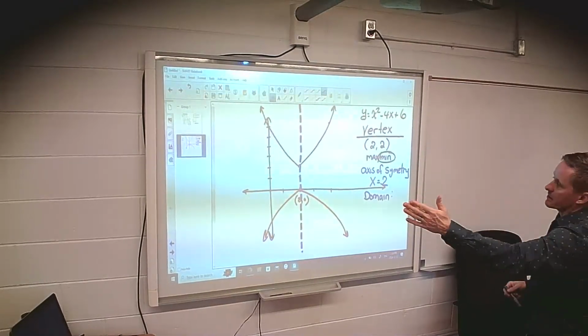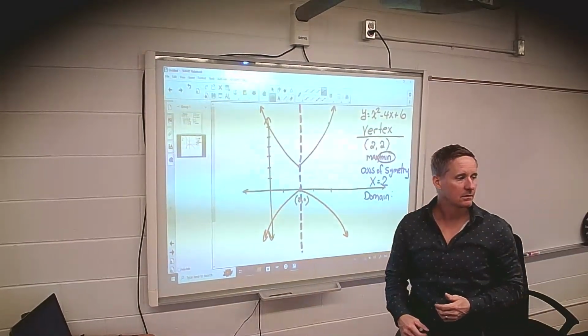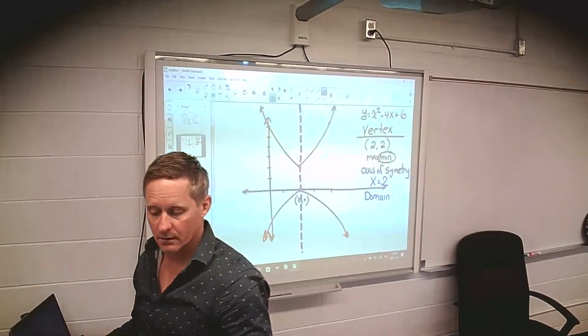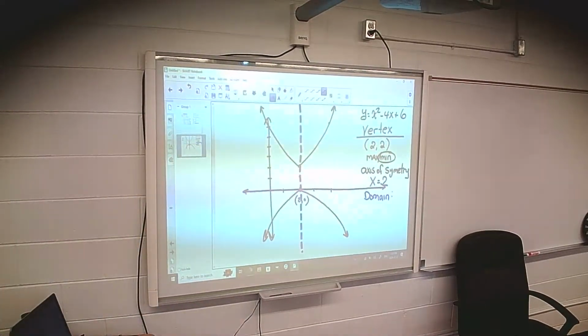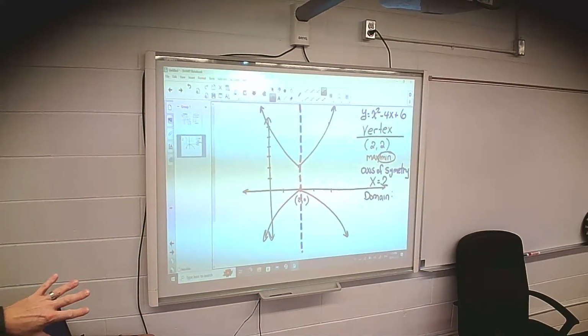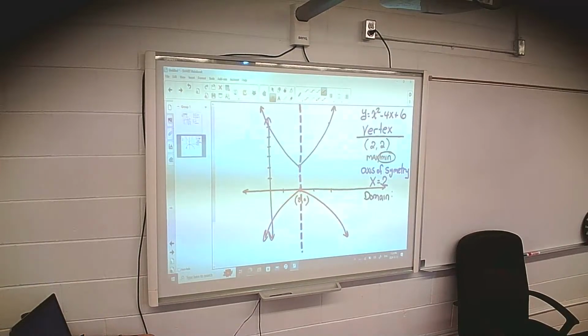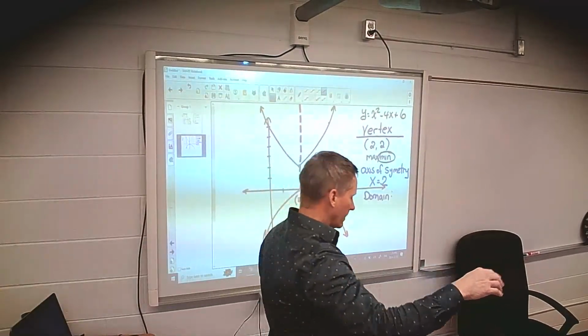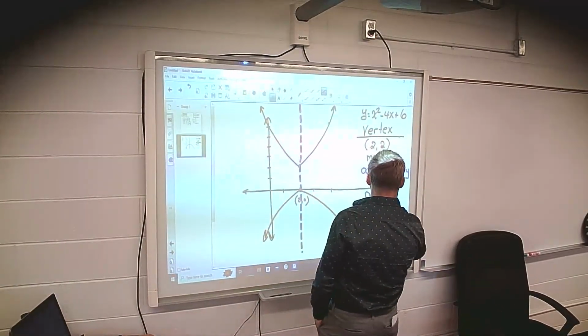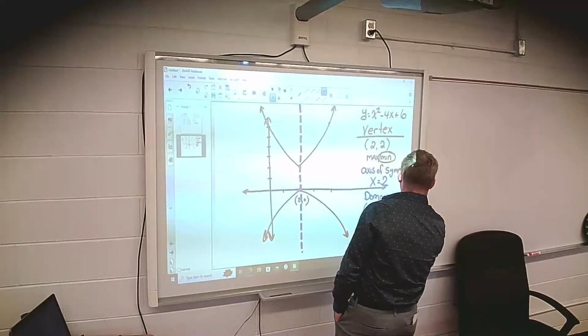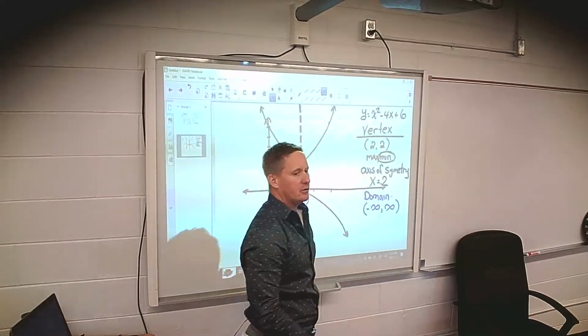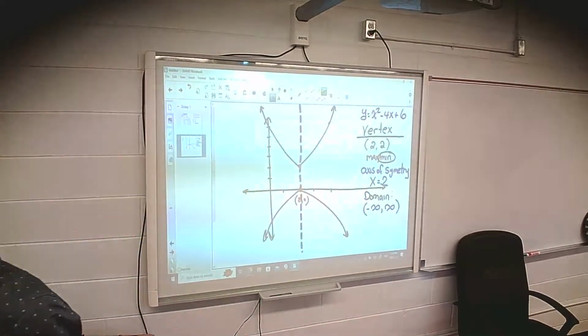How far left does this go? Yes. Negative infinity. How far right? Okay, so if you wanted to write this domain as negative infinity to positive infinity, you can. That's fine.